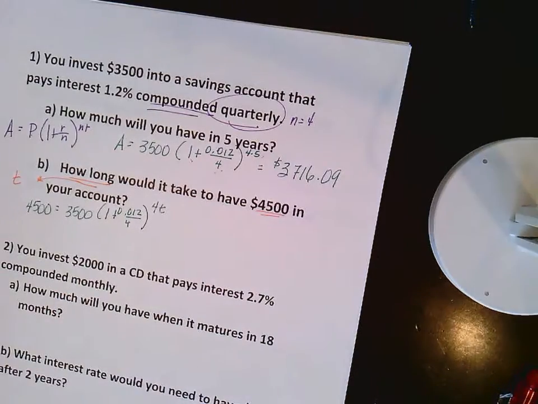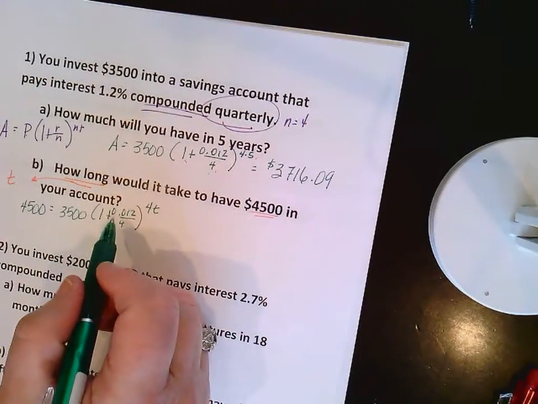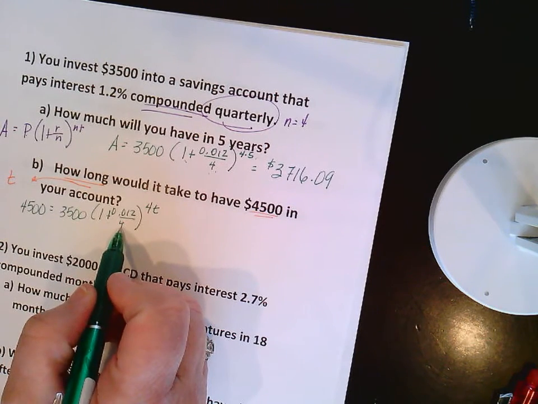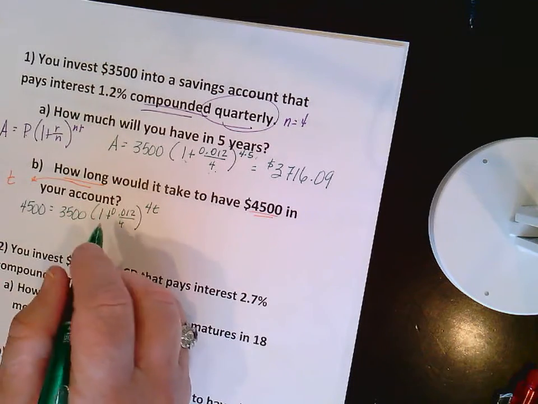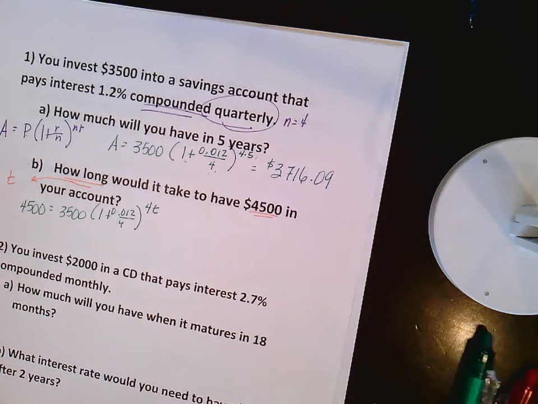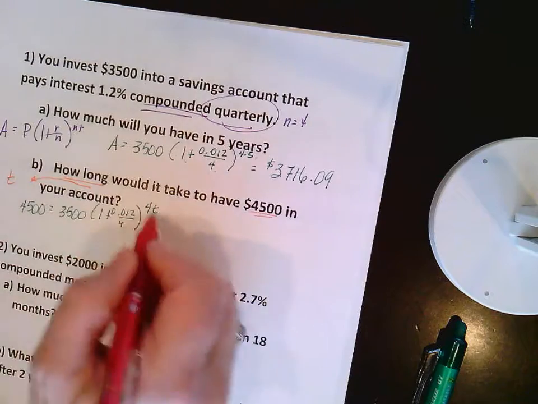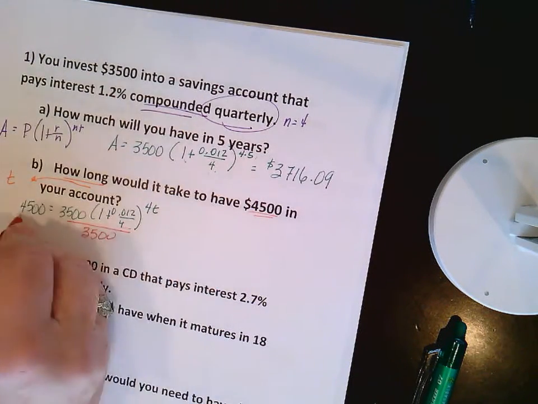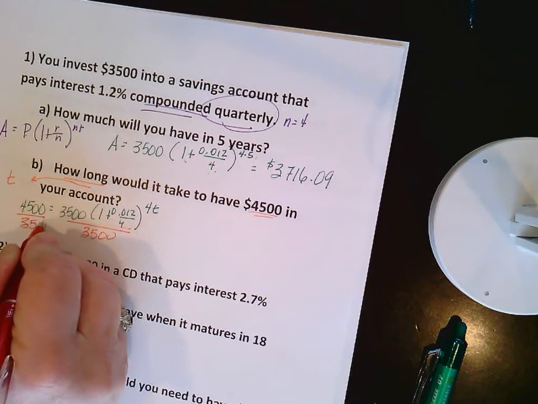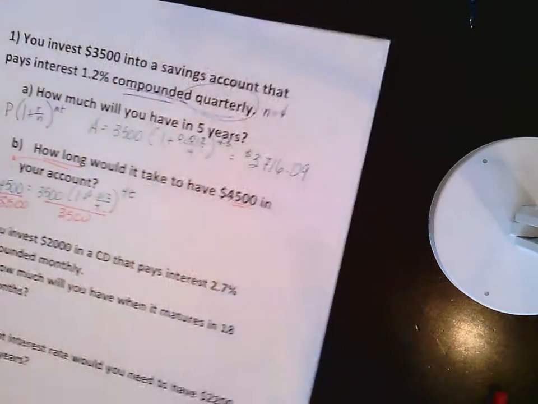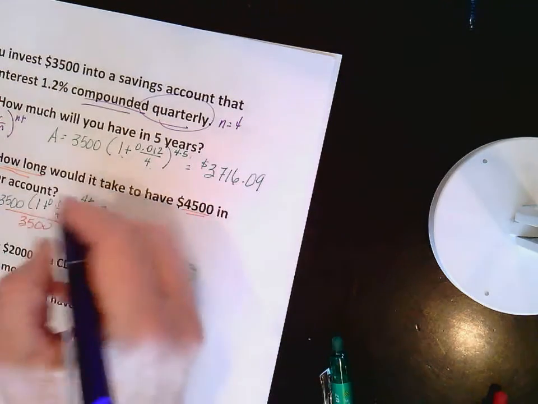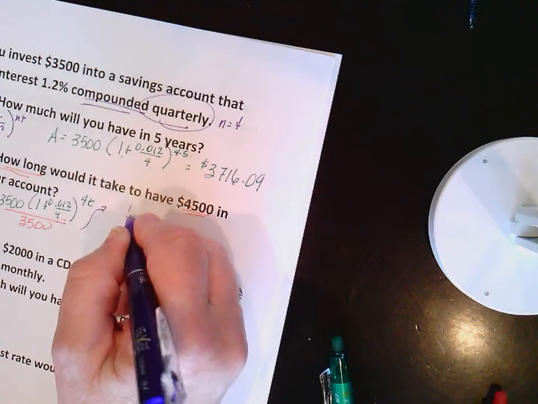Holy cow, we've got to get to T. All right, the first thing we're going to do is try to get the exponential part by itself, so I'm going to divide by 3,500. 4,500 divided by 3,500 is 1.29.